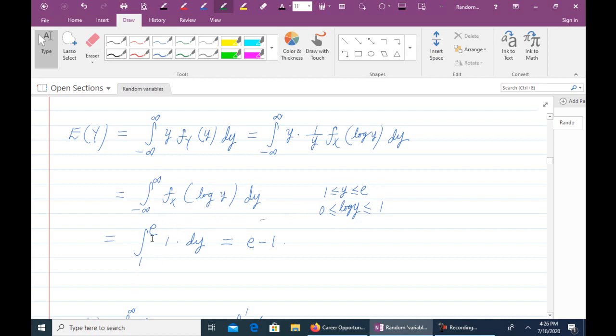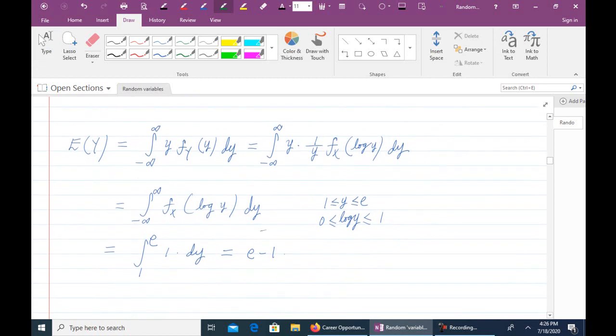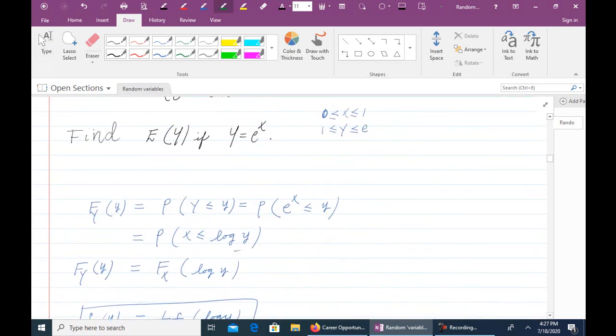So we go from 1 to e, in which case this value would be 1, and the value of the integral would be e minus 1. Again, that's because in this improper integral, outside of the range from 1 to e, log of y would be outside of the range, and the PDF of x would be 0, as you can see here.